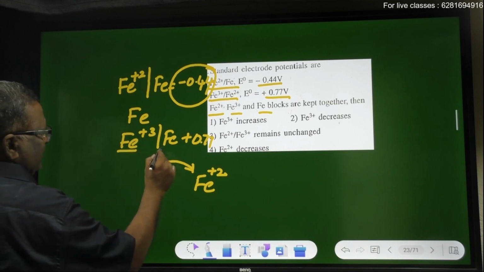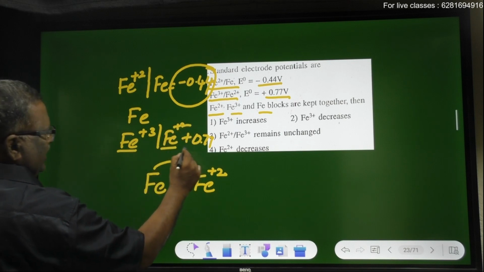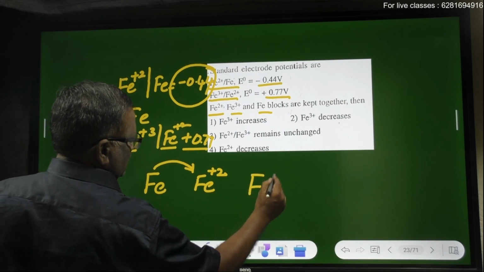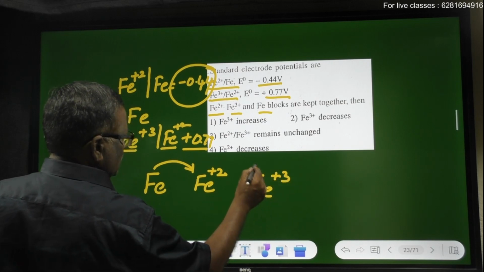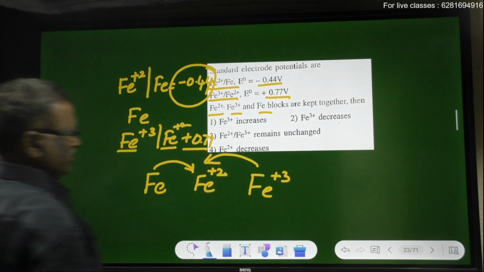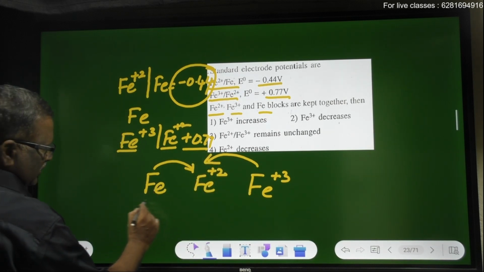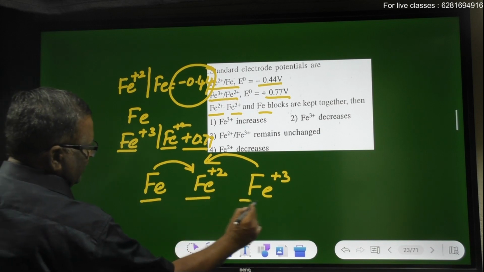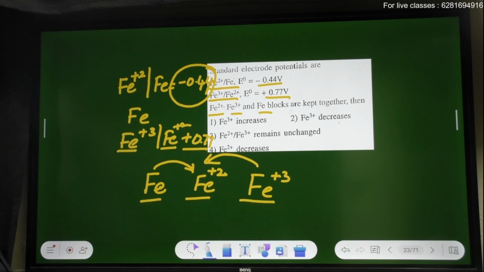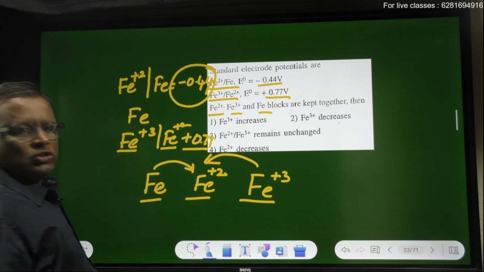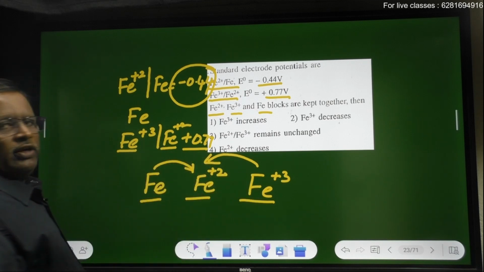Then Fe plus 3 to Fe plus 2 is a positive value, so Fe plus 3 has the tendency to convert into Fe plus 2. So when Fe, Fe plus 2 and Fe plus 3 are in contact, Fe will convert into Fe plus 2, and Fe plus 3 is also converted into Fe plus 2.